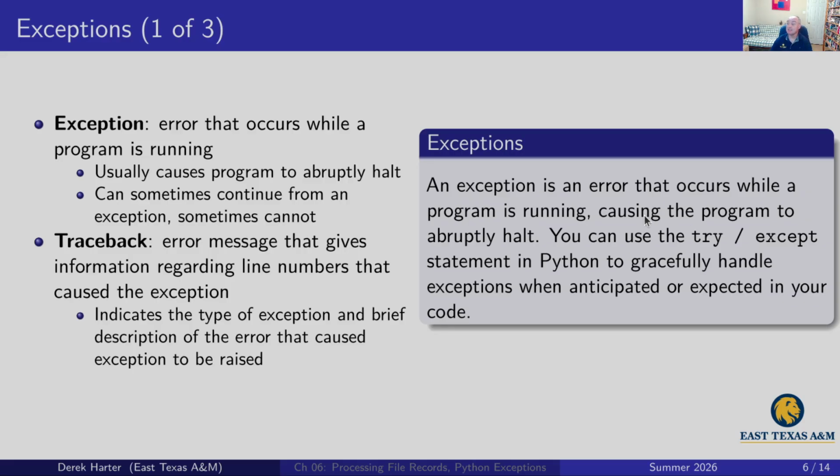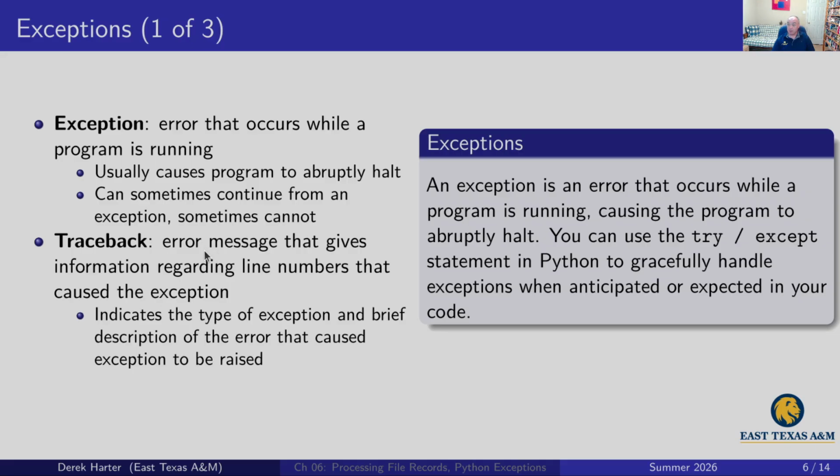In some languages that allow this, you can try and catch an exception. So in Python, you use a try except statement to detect and catch an exception, and if you anticipate an exception occurring, you can put these in, and then you could do something else instead of just having the program halt to handle that error.